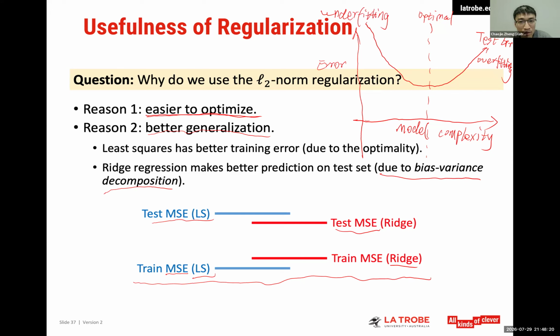And what this bias variance decomposition means is that this curve is the addition of two separate curves.